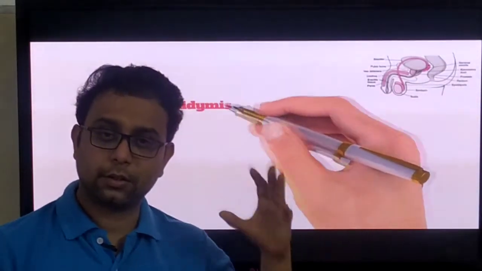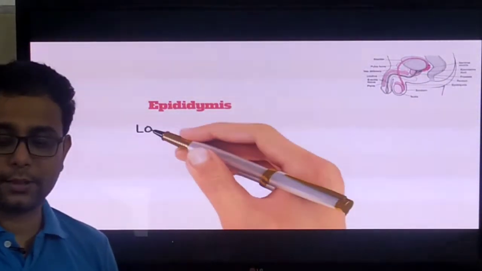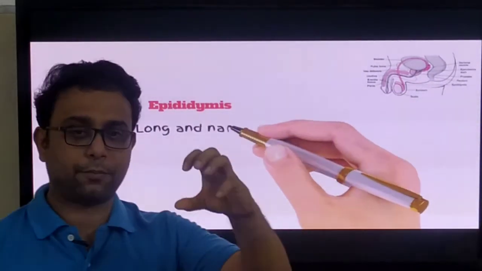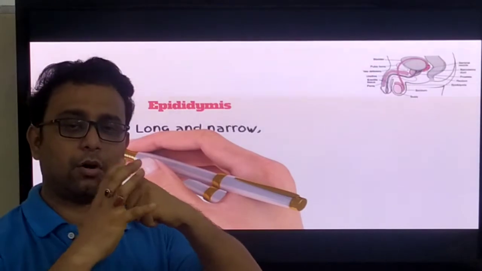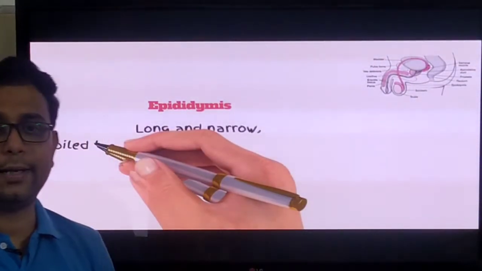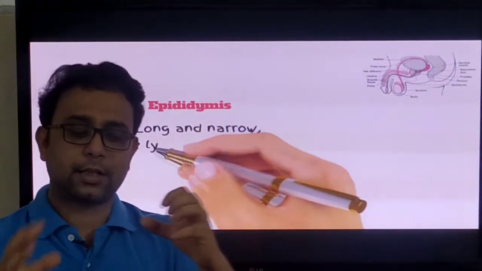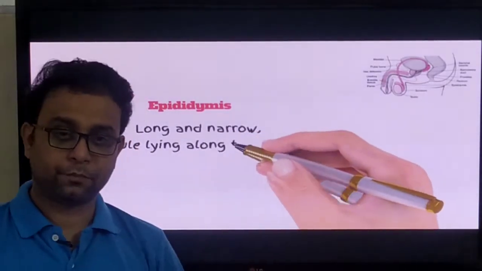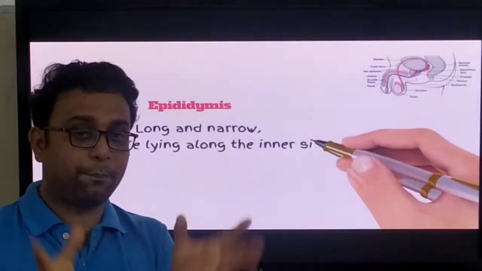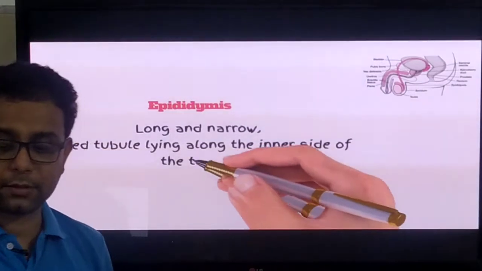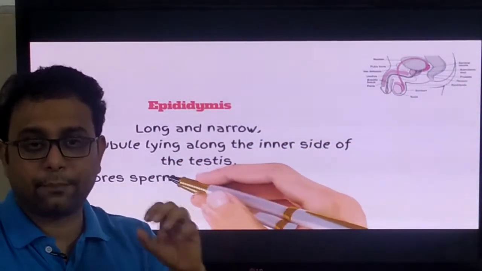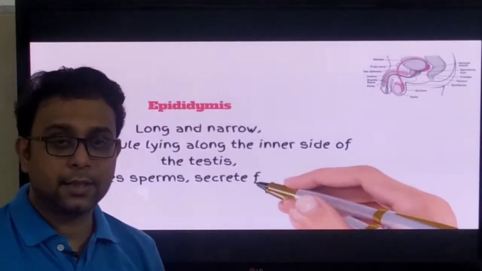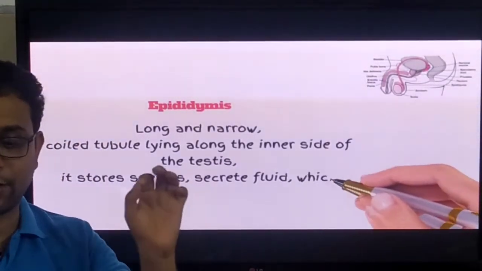Now the next part is the epididymis. If you observe the structure of the testis, you will find a long, narrow, coiled structure which covers the testis, not completely, but about 80% of the structure is covered by the epididymis. It is a narrow and long structure.